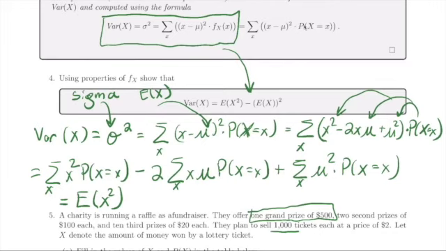So what would be left if I pull that out? This expression right here is just the expected value again. The sum of x times the probability of x is exactly the expected value. So we're going to get a minus 2 mu, and then all of this stuff over here is the expected value, so it is another mu.